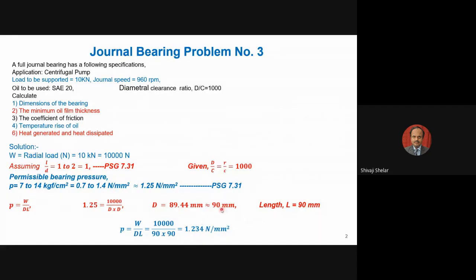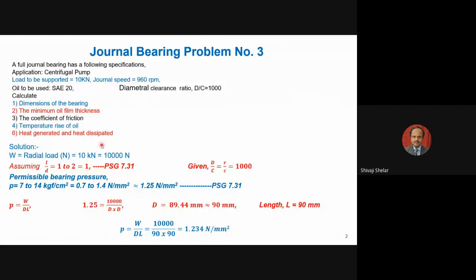Otherwise, your selection of diameter and length will be wrong. So you can select either a lower or higher value of diameter, and after selecting it, you need to calculate the bearing pressure again, which will be used in further calculations. So the bearing pressure for the current problem is 1.234 Newton per millimeter square.